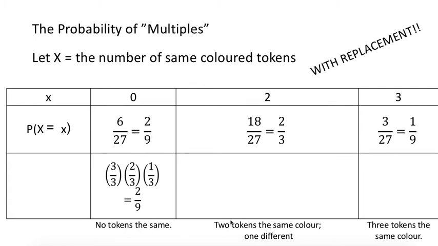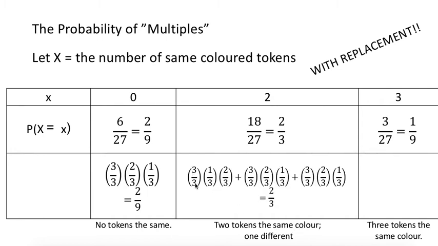Okay. 2 tokens of the same color, 1 different. There's actually 3 ways we can do that. Doesn't matter what the first one is, but the next one's got to be the same, and then the third one's got to be different. Or, doesn't matter what the first one is, the second one's different, and the third one is the same as the original one.